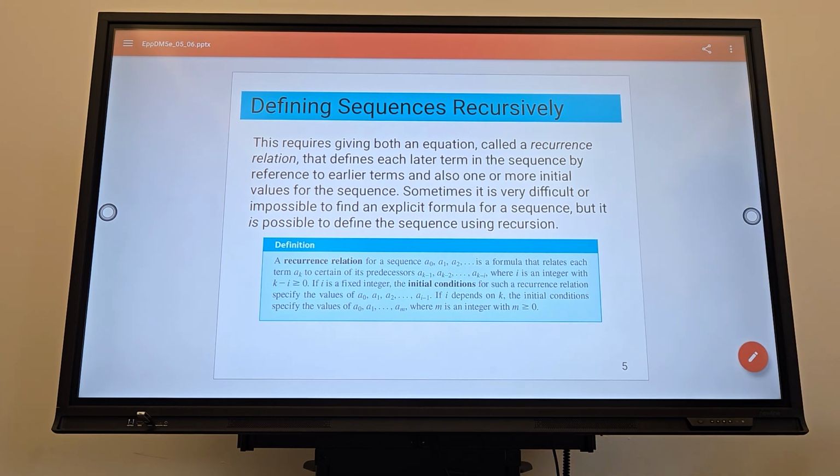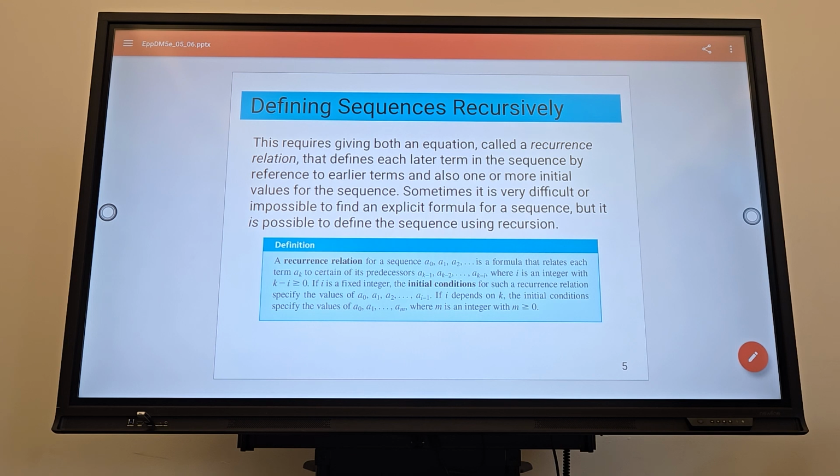Definition. A recurrence relation for a sequence is a formula that relates each term to certain of its predecessors, where i is an integer with k minus i being greater than or equal to 0.